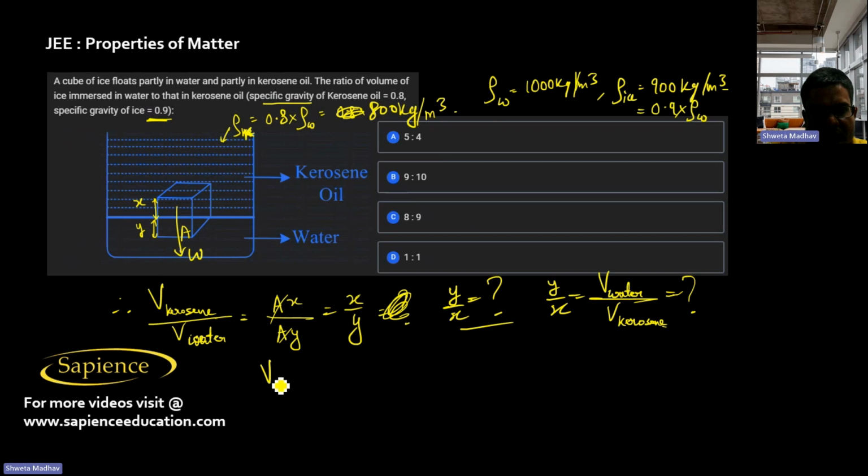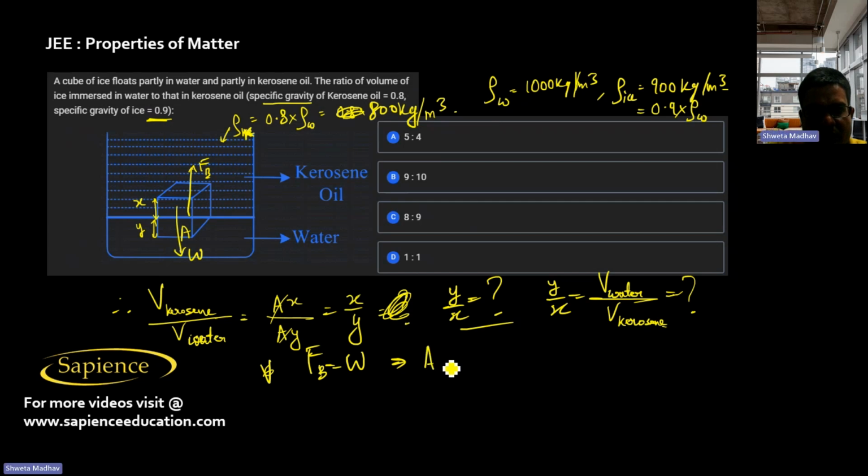So the net upthrust FB is equal to the weight of the ice. Now the net upthrust will be equal to the upthrust due to the volume inside water plus the volume inside kerosene oil.